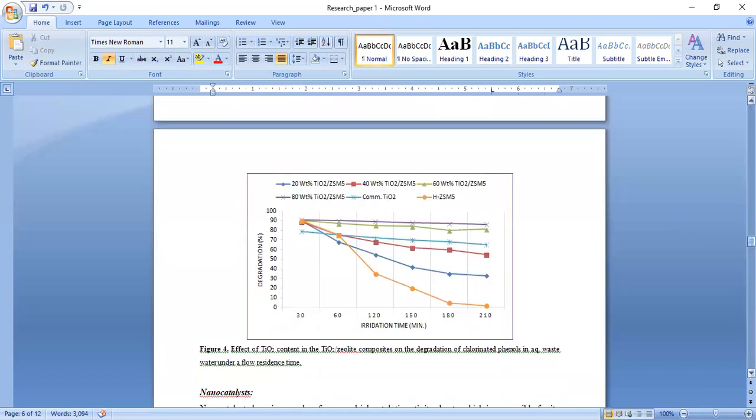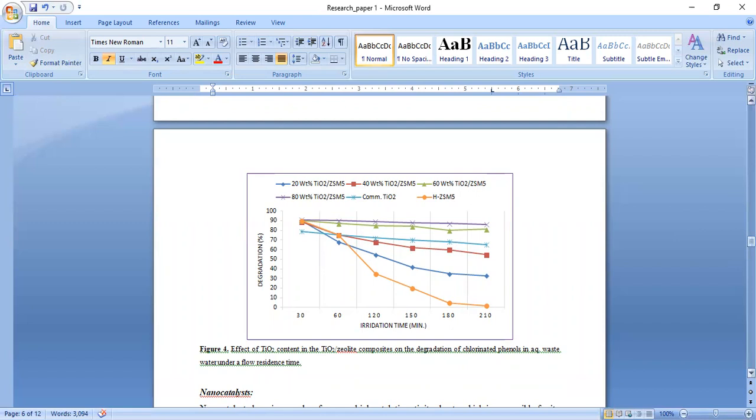Here, this graph clearly indicates the effect of titanium oxide content in the titanium oxide zeolite composite on the degradation of chlorinated compounds in aqueous wastewater at different reaction times against percentage of degradation.